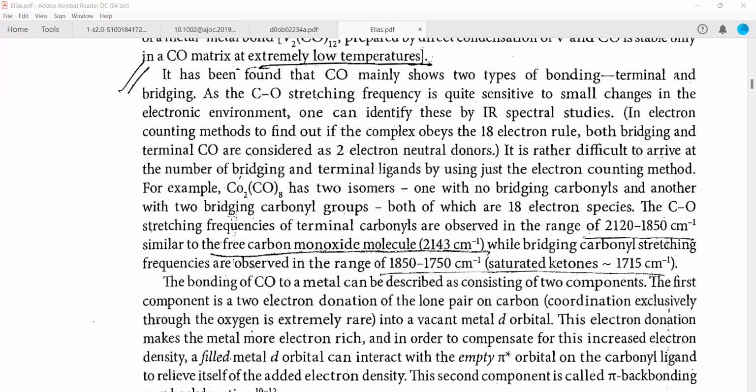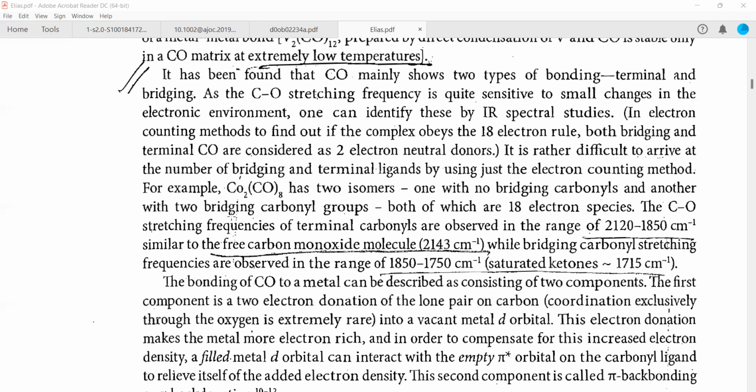The answer here is that it will be higher, because when it is sigma donating, we studied that even the sigma orbital, the HOMO, has some anti-bonding character. So if only sigma donation is happening, electrons are being removed from an orbital having some anti-bonding character.